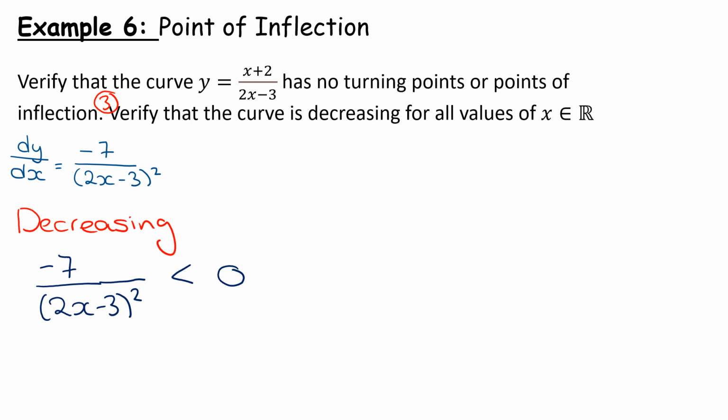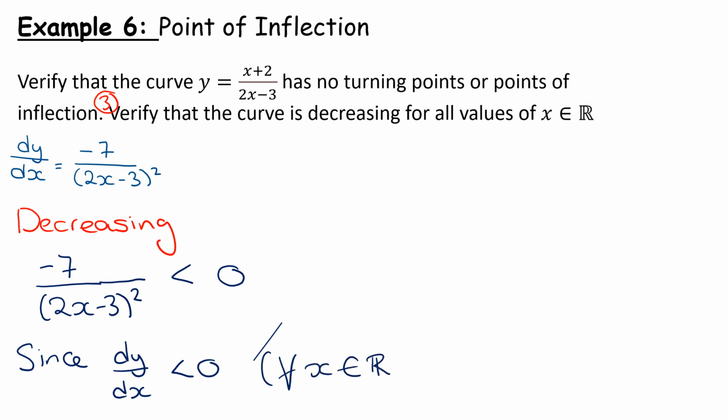And the bottom line, no matter what that x value is, the bracket is squared, which means the whole thing will end up positive. So we get a numerator that's negative, a denominator that's positive, which is effectively a minus divided by a positive, which will end up giving me a negative. So it's going to be less than 0. So that's what's telling us it's decreasing. So since dy/dx is always less than 0 for all x element of R, the curve is decreasing.